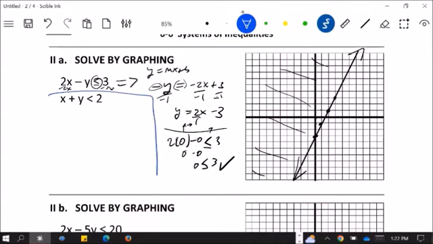Now let's do the second one. This one I'm going to do with an XY table. So I'm going to pick a couple points like negative 2, 0, and 2. So if I put negative 2 in for x, negative 2 plus y less than 2, add 2, y is less than 4.